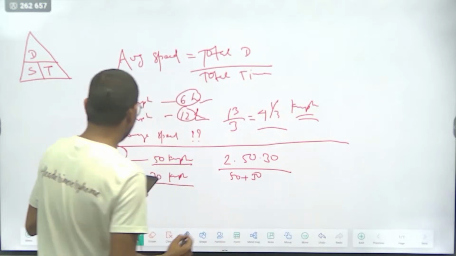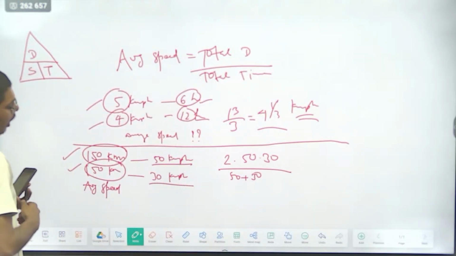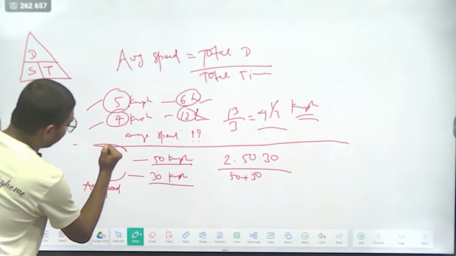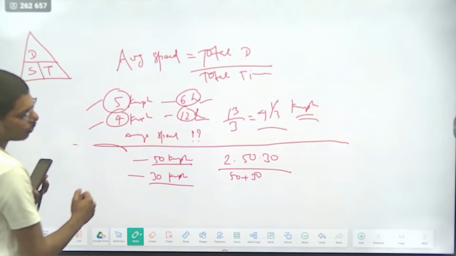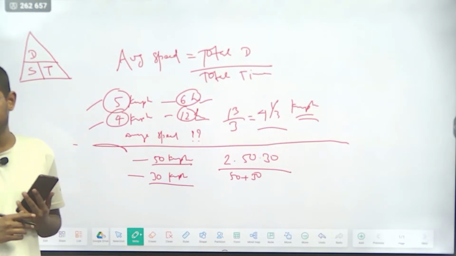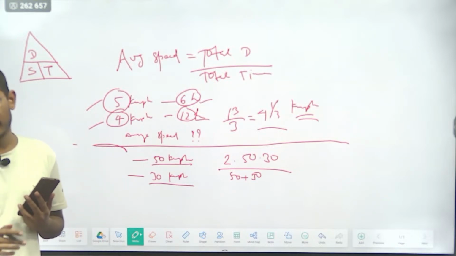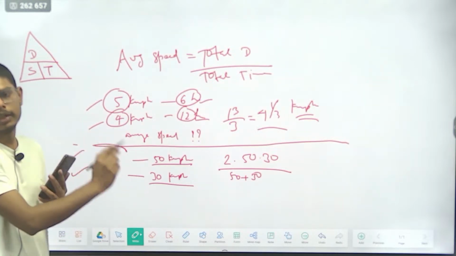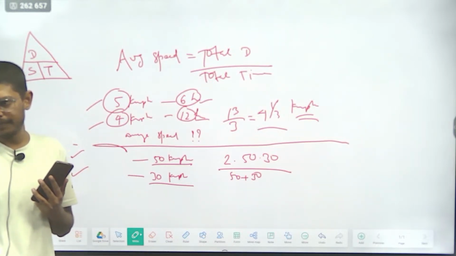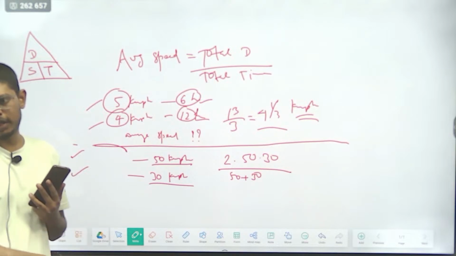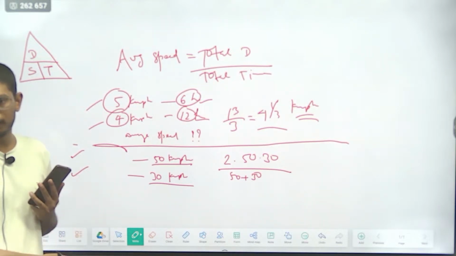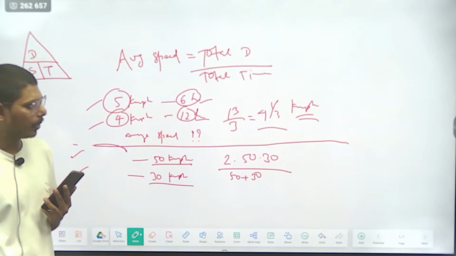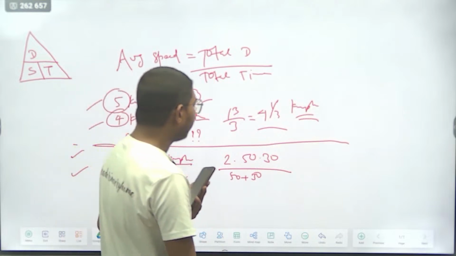Even if we hadn't given you this detail at all, it doesn't matter as long as the distance traveled with these two rates is the same. Even if it travels 300, 300, 400, 400, 1 kilometer, 1 kilometer, doesn't matter. So 2ab by a plus b.